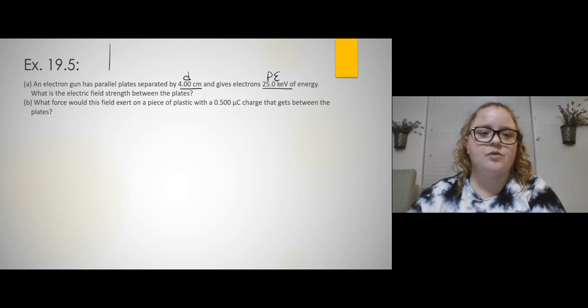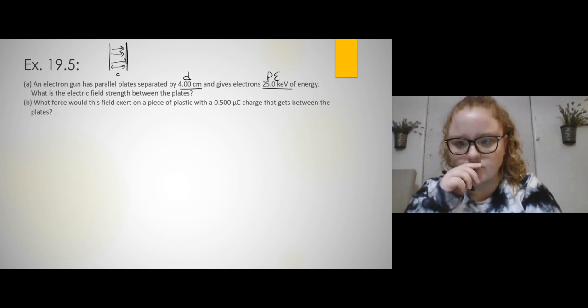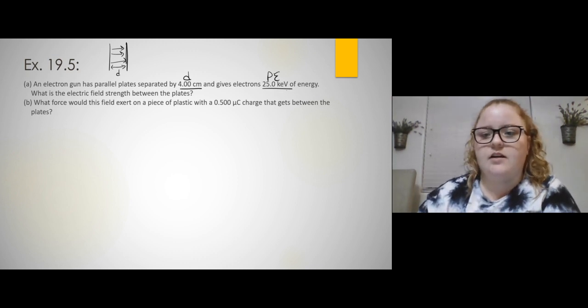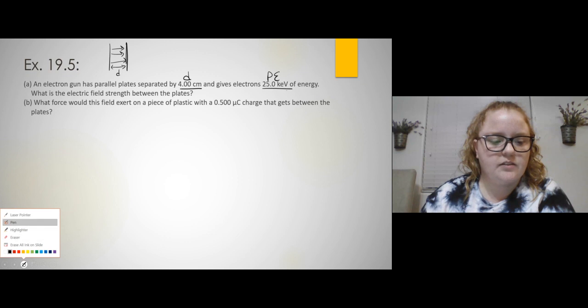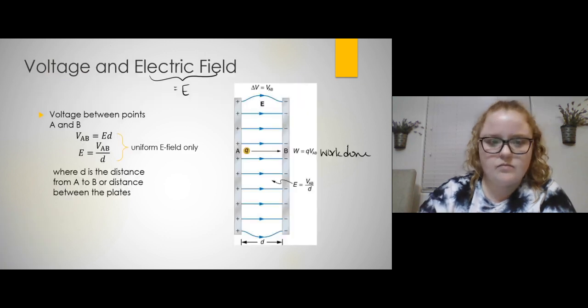So again, we have some sort of plates here with some distance separating them, some flow of electrons. Okay. All right. Gives electrons 25. That is actually the voltage, I believe. Give me 1 second.